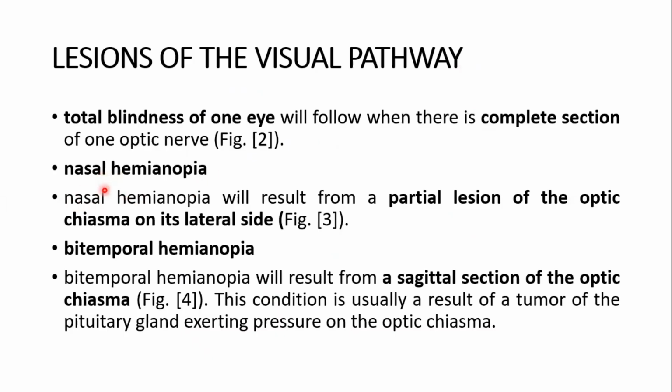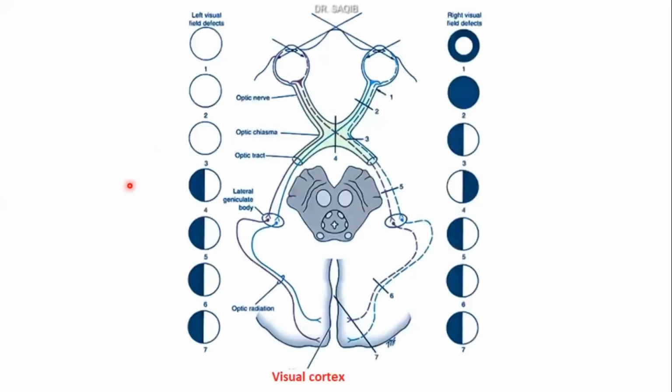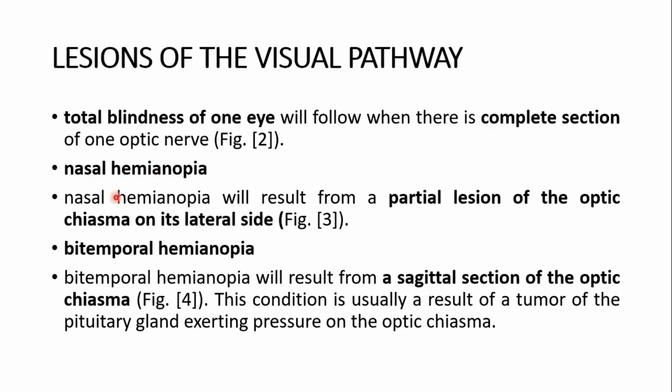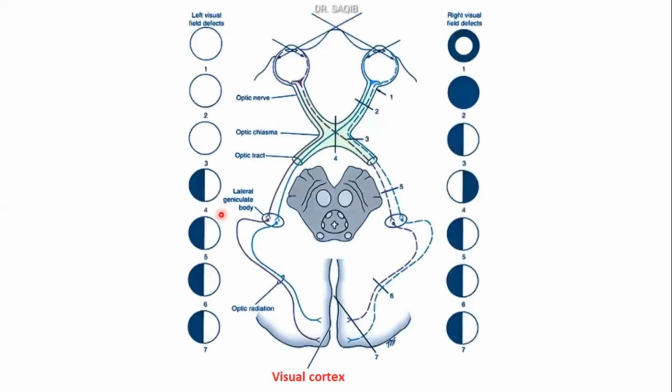Then number 3, there can be nasal hemianopia. First, you see, this is the nasal side, this is the temporal side. In white is the temporal side, and in this dark is the nasal side. So this is the nasal hemianopia. Nasal hemianopia will result from a partial lesion of the optic chiasma on its lateral side.